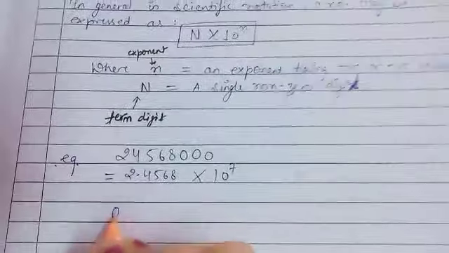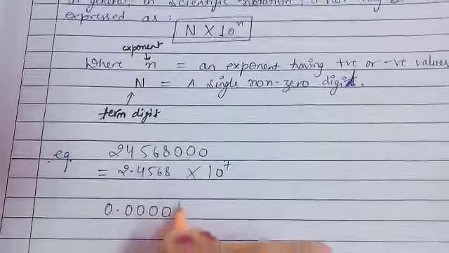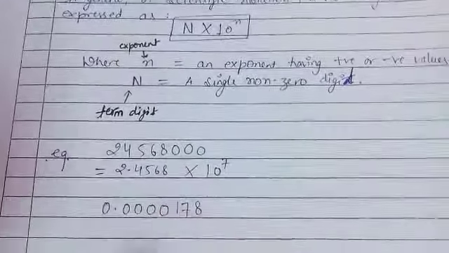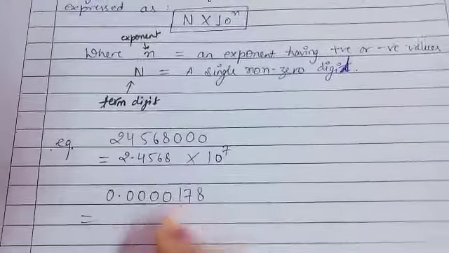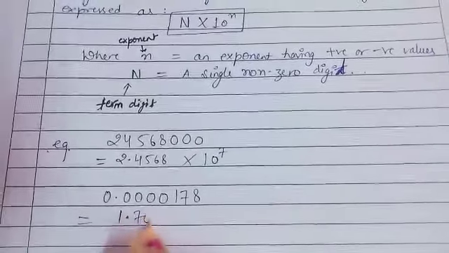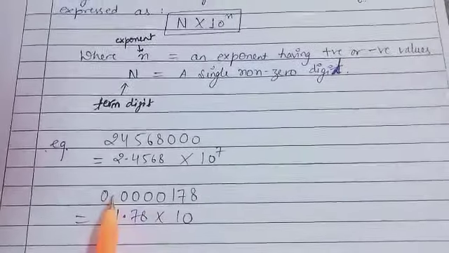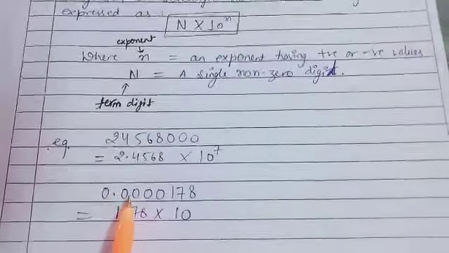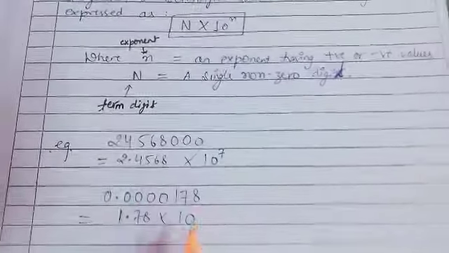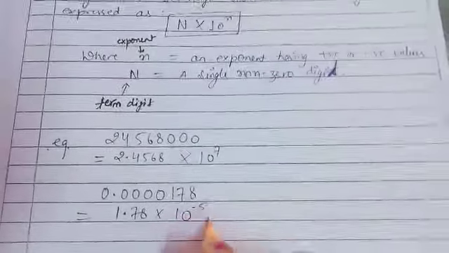Now suppose 178 is given, again convert it into scientific notation: one single digit plus 7 8 into 10 to the power. In this case we shift the decimal 1 2 3 4 and 5 places, so it means 10 to the power minus 5.